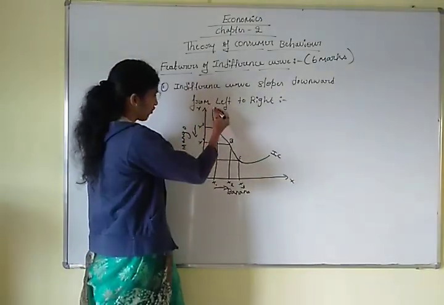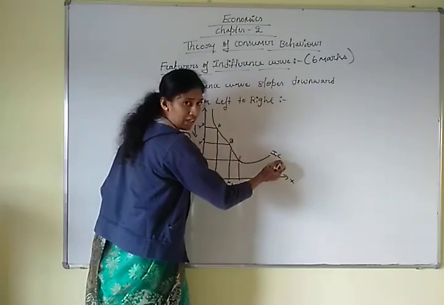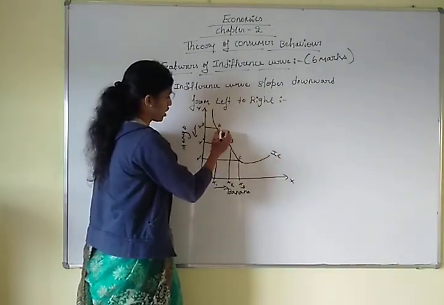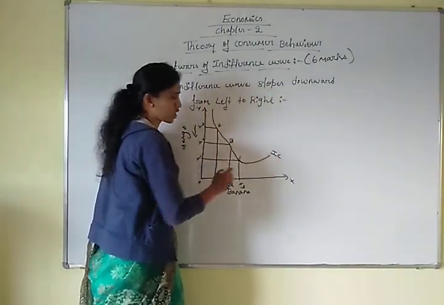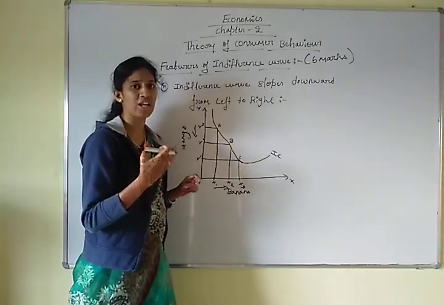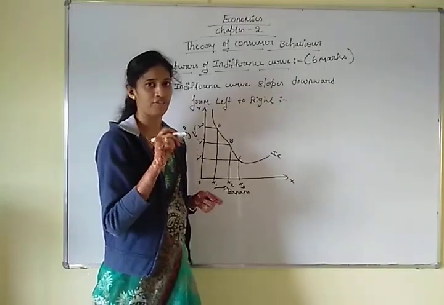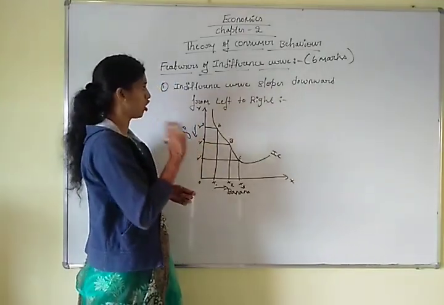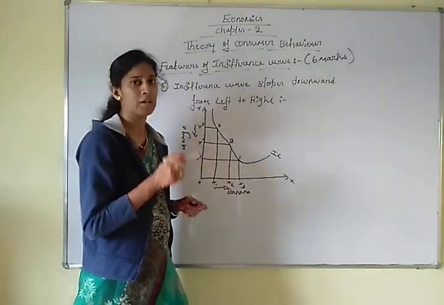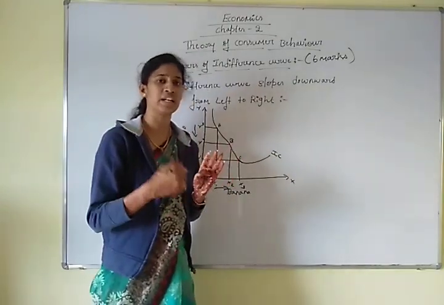That's why indifference curve slopes downwards from left to right. Any combination A, B, C gives equal satisfaction to the consumer. This is the first important feature of indifference curve. Indifference curve slopes downward from left to right because the consumer has a limited income.